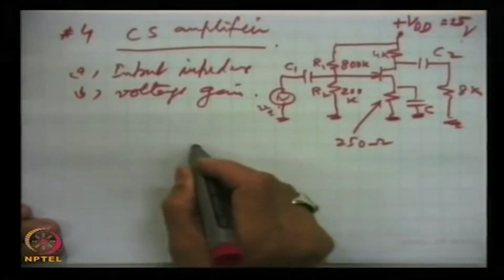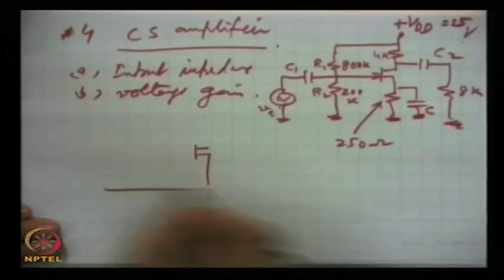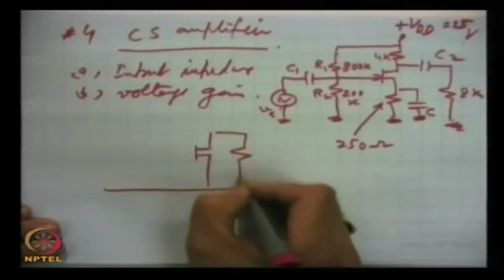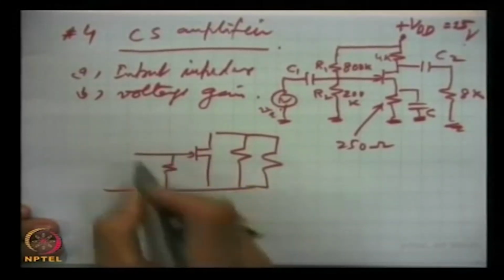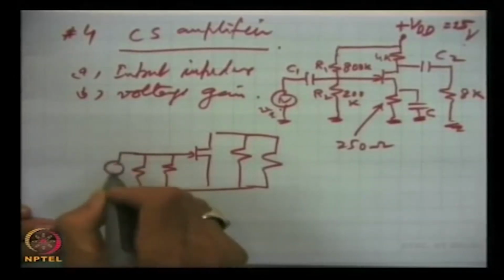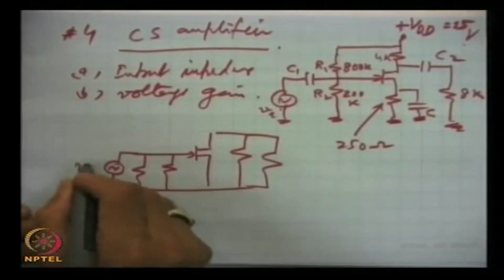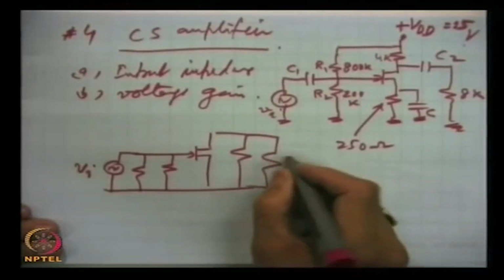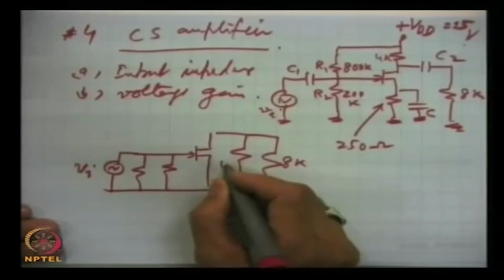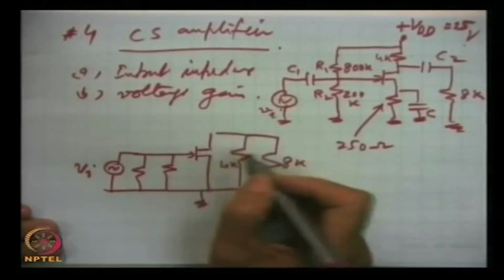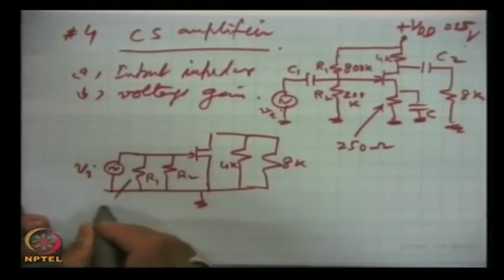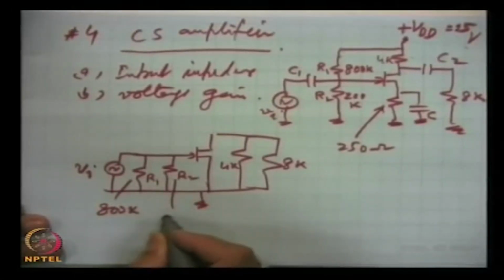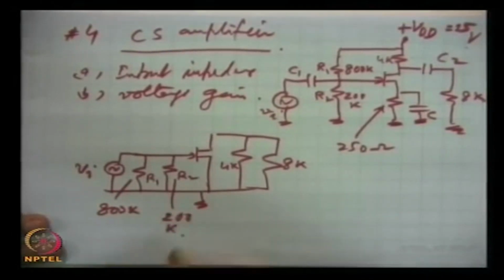So, we can draw a simple equivalent AC circuit. This is 8 K, this is 4 K, and this is all grounded. This is the equivalent circuit. This is R1, this is R2, this is 800 K, and this is 200 K. Now, first the input impedance.